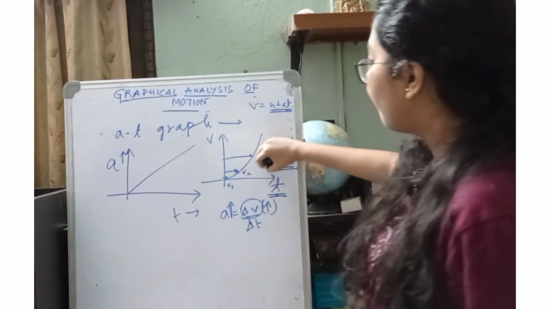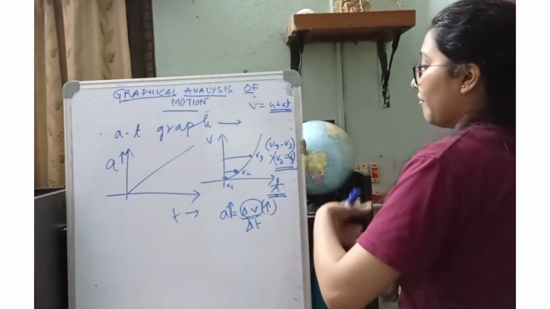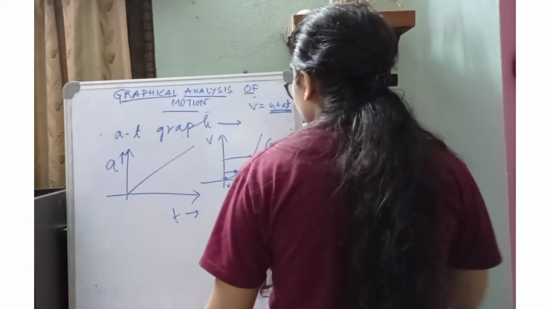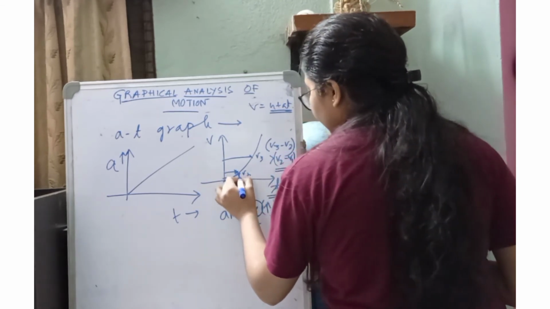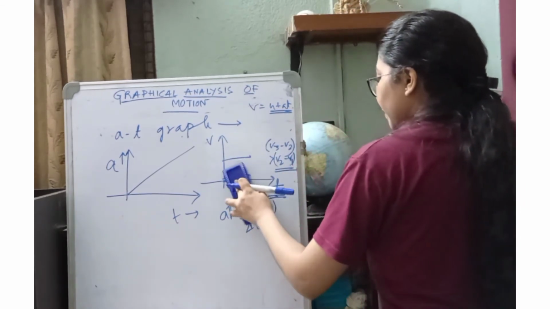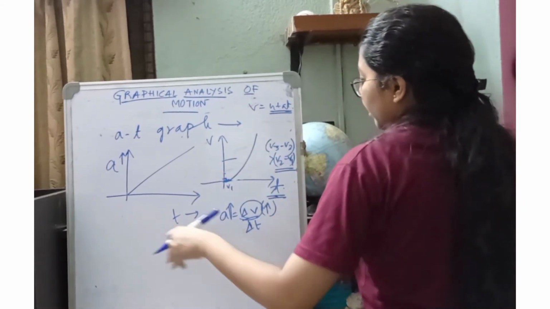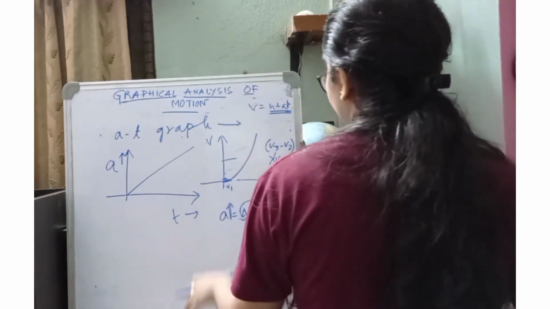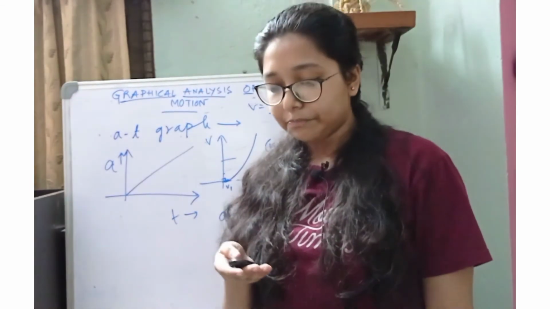So it is increasing at a much faster rate in a very small interval of time. From this time to this time it has increased this much, but from this time to this time it will be even more curved, totally increasing in the upward direction. Okay, so I hope you understood till this part.